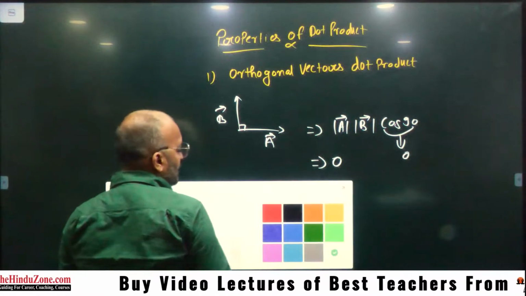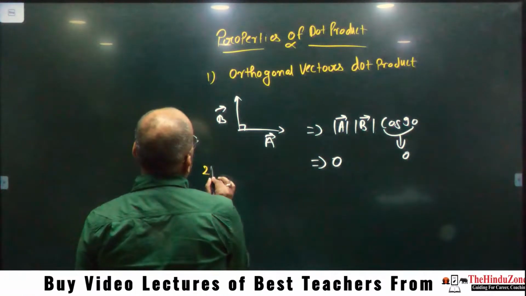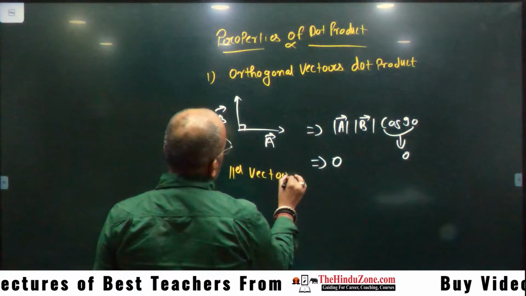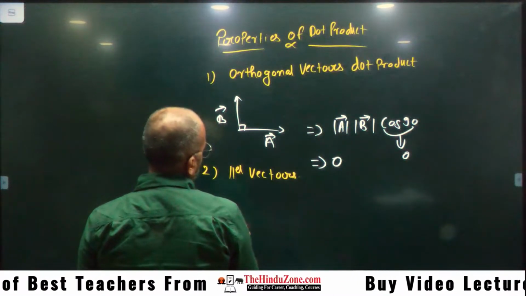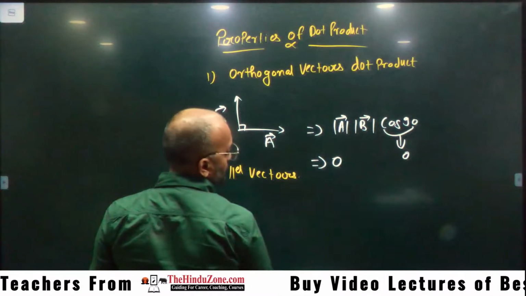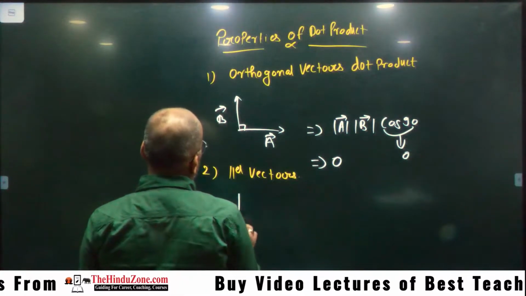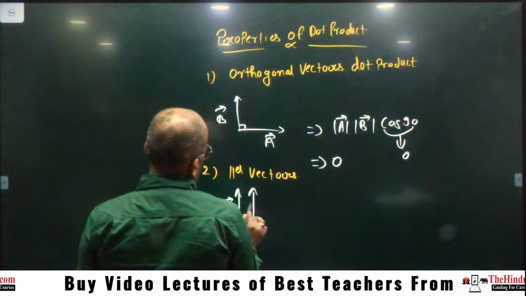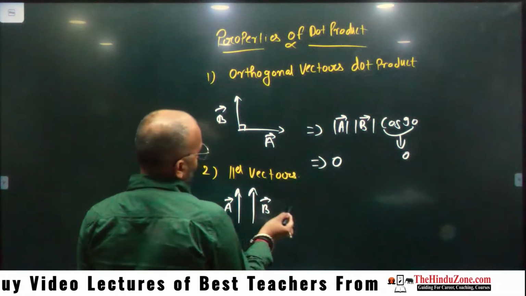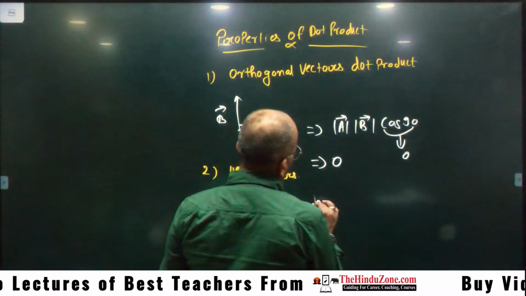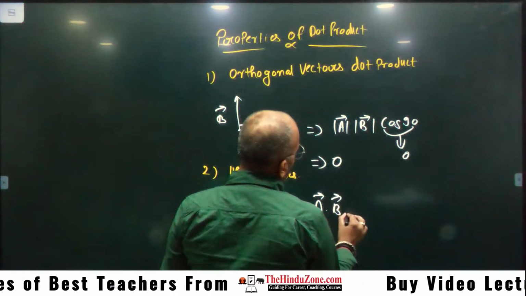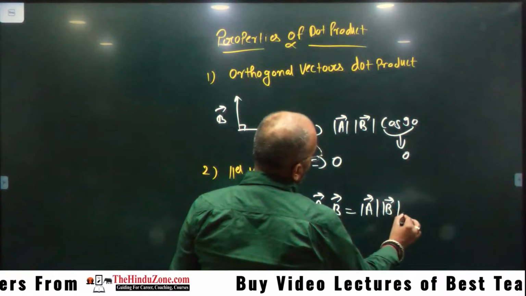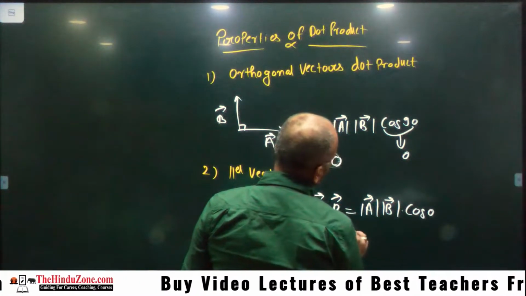Dot product of parallel vectors. Vector A, vector B, if these two are parallel vectors and you find the dot product of them, it will be magnitude of A into magnitude of B into cos 0.